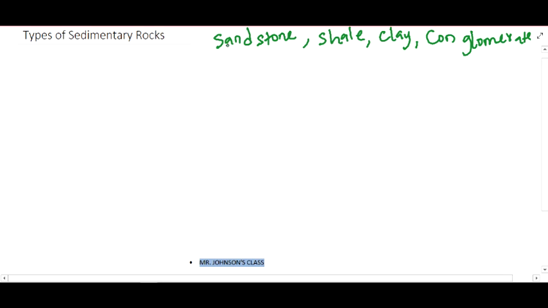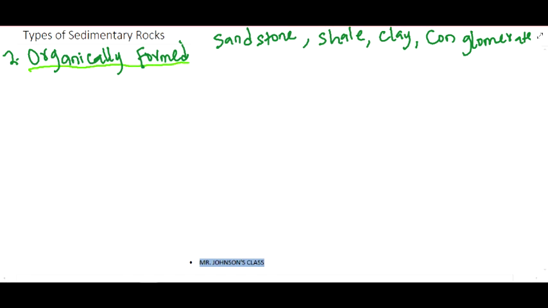Now, the next one we'll be talking about is organically formed sedimentary rock. I see this part often in many questions, especially in your JAMB and WAEC. Organically formed sedimentary rocks are formed from the remains of plants and animals.